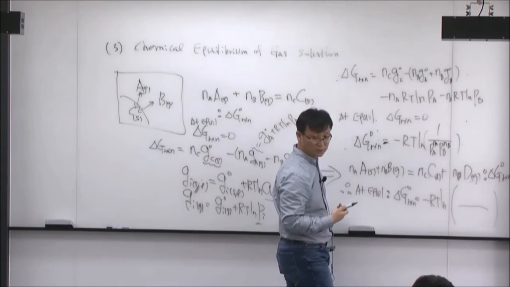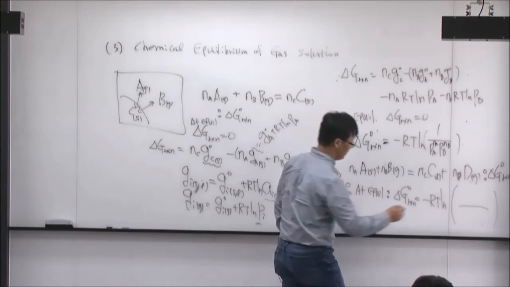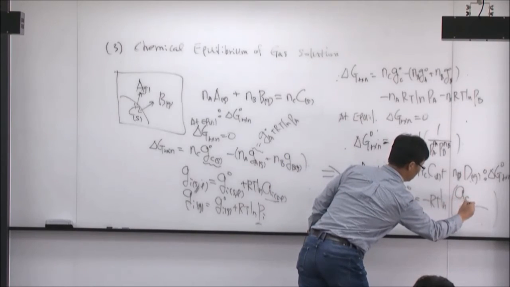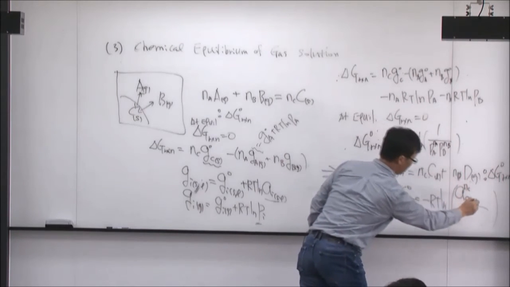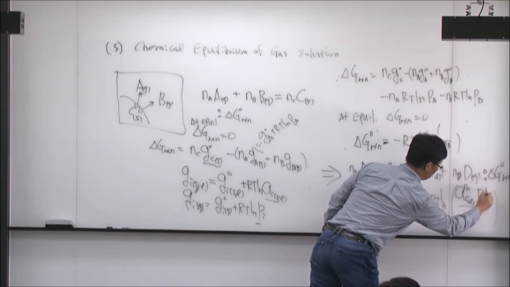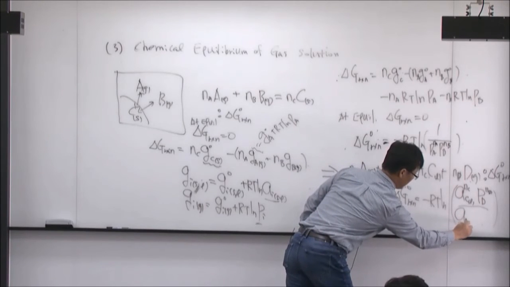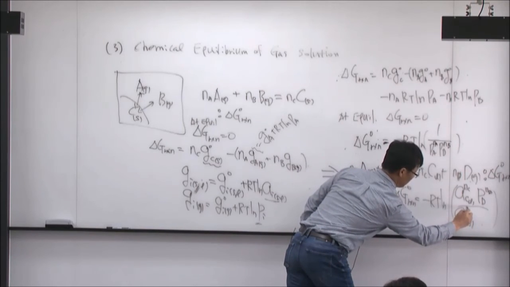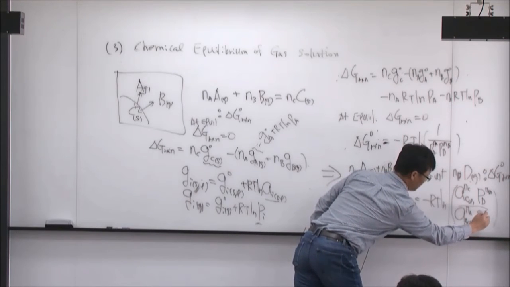So it's not partial pressure, it's actual activity. So the activity of the C liquid to the NC, and the partial pressure PD to the ND, over the activity of A solid to the NA, and the partial pressures of B and D.